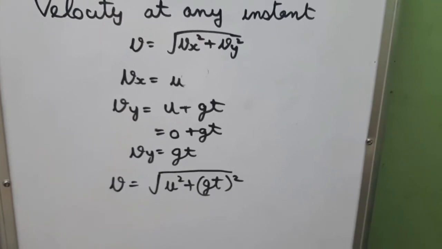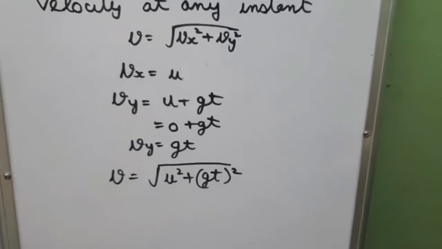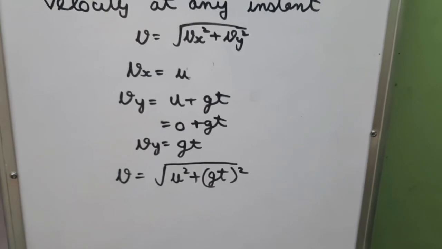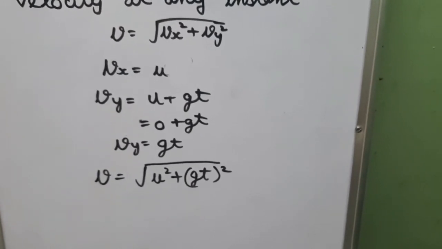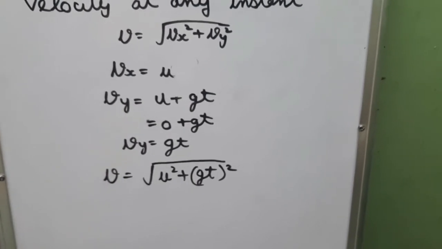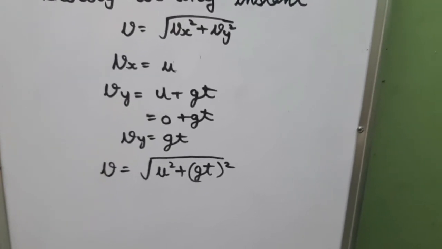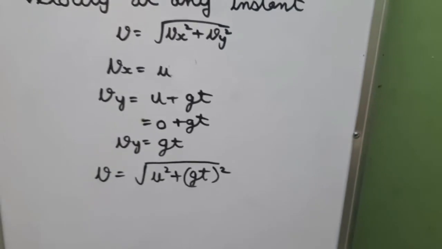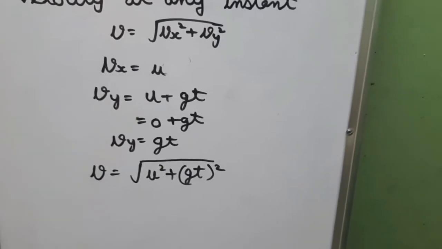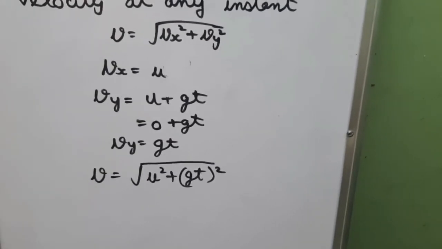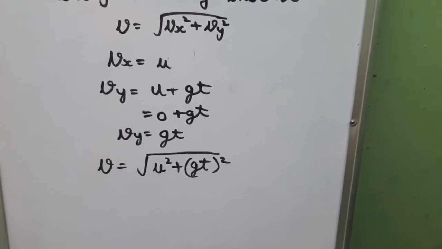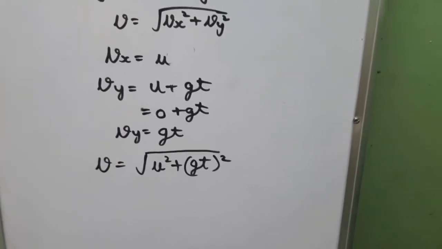Horizontal velocity हमारी किसके equal है? u. For vertical velocity we will apply first equation of motion, that is v is equal to u plus at. Initially vertical में हमारे पास initial velocity 0 है, a की value is g, so we have vy is equal to gt. So we get the instantaneous velocity as under root of u square plus gt whole square.